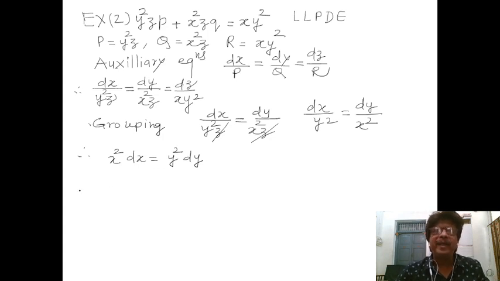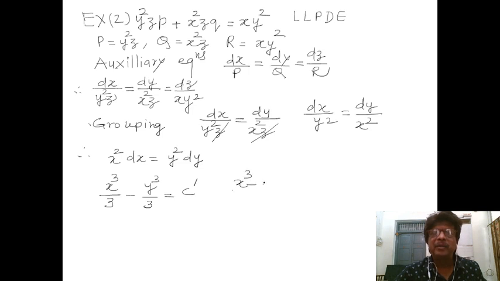On integrating this, x cube by 3 minus y cube by 3 is equal to c dash, or multiplying this by 3, x cube minus y cube is equal to 3c dash, let it be called c1.